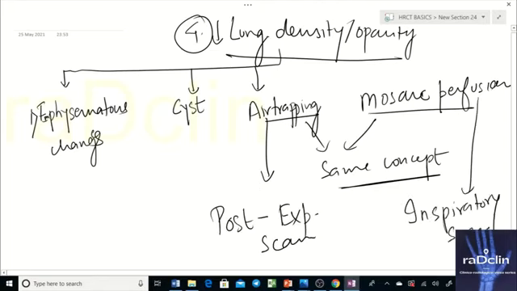We do not always take a post-expiratory scan, but we take an inspiratory scan. So there are three things, to be precise, that can cause a decrease: emphysematous changes, cysts, and air trapping or mosaic perfusion, which are the same thing. The only difference is terminology, depending on what scan you have.